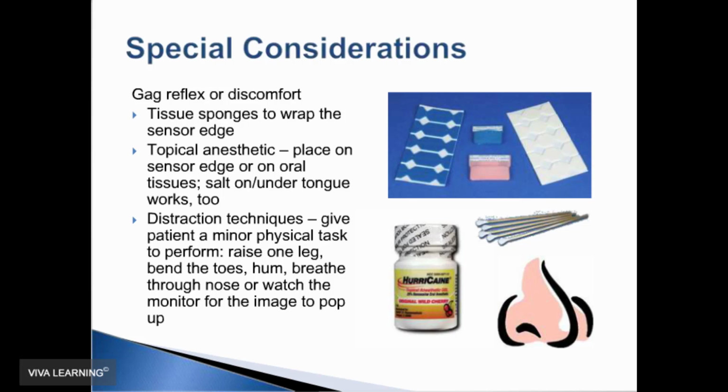I like to use the pre-injection gel. It can be painted on the edge of the covered sensor or even on to the tissue cover or protector if you have that on there. And when that anesthetic contacts the soft tissues, it will deaden it and make it more comfortable.